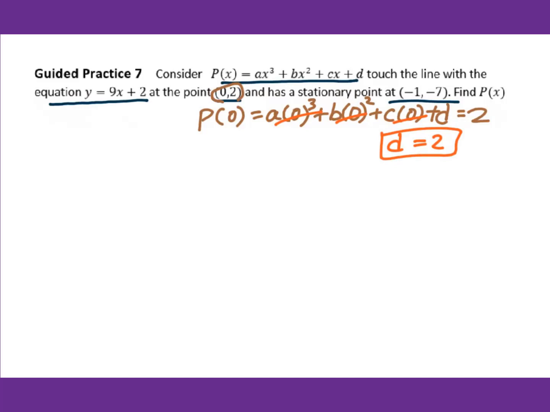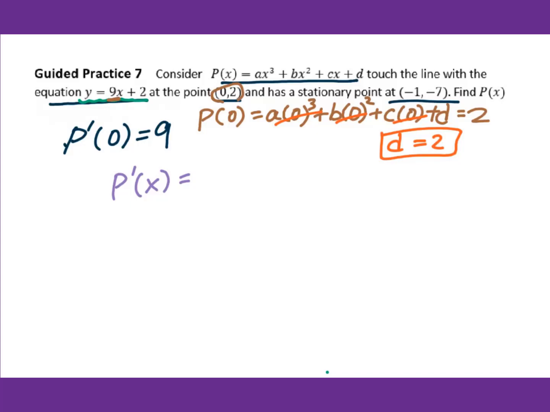After you get d equals 2, remember y equals 9x plus 2. That means the derivative at 0 equals 9, because the derivative means the slope of a tangent line, and this slope is 9. First of all, we need to figure out the derivative of p of x.